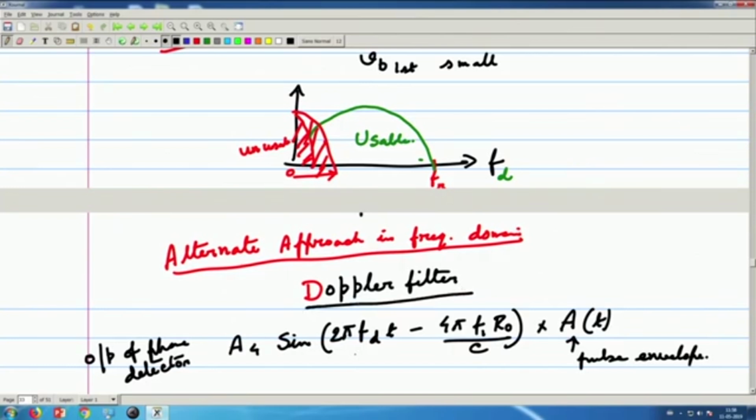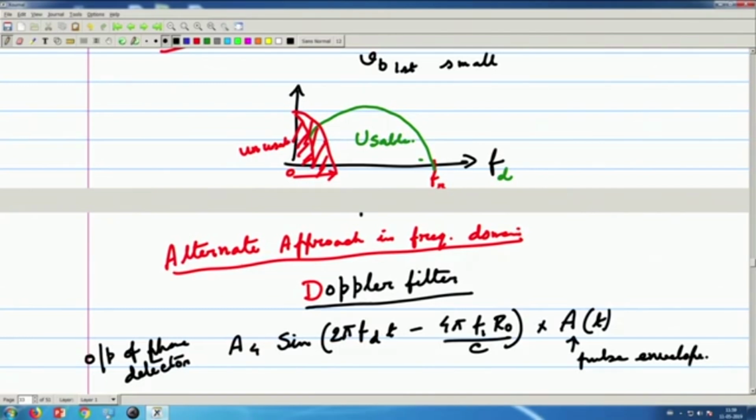So after the phase detector, instead of an MTI filter, if I put a Doppler filter, there is a problem: the Doppler filter needs to be narrow band to extract, but what we are getting is a pulse, and a pulse has a large bandwidth.